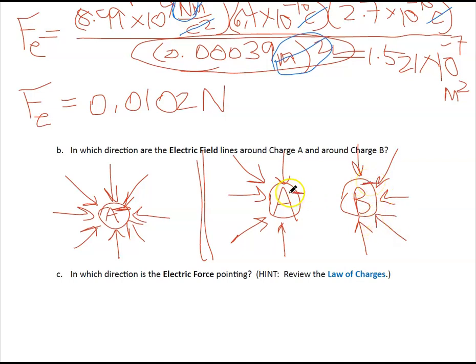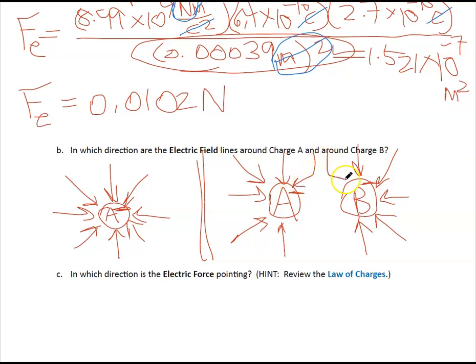They're both negatively charged, so field lines always come in. It does not matter what the other charge is. But if you have two negative objects near each other, both sets of field lines have to come in, but they can't be touching one another.